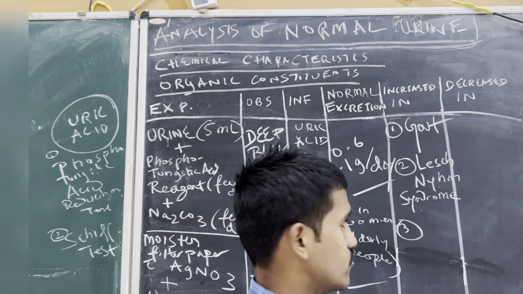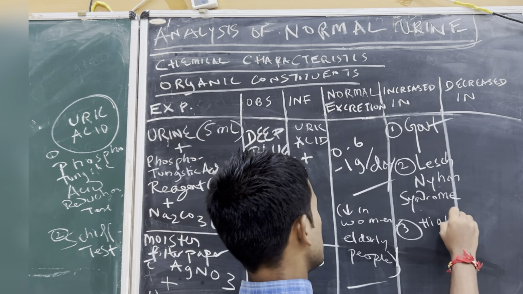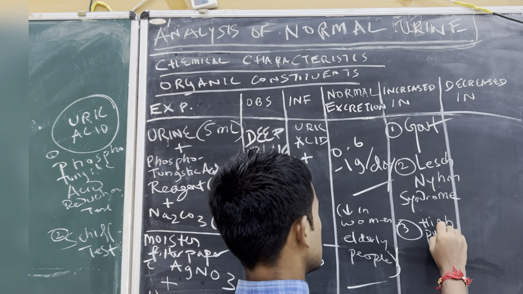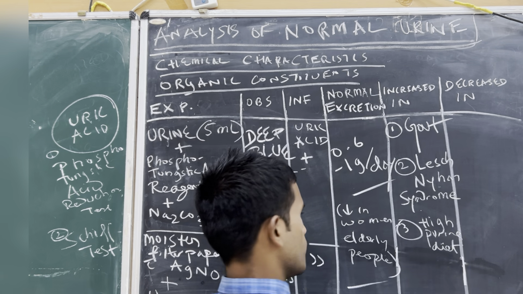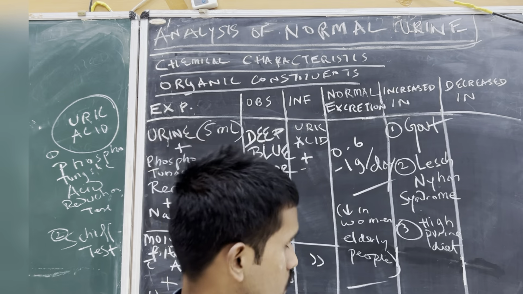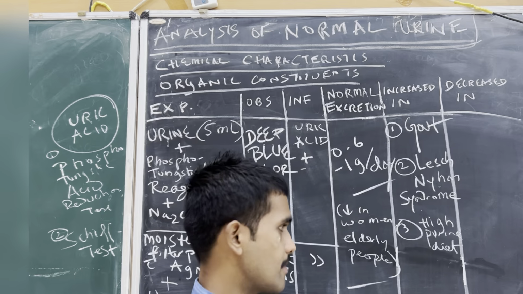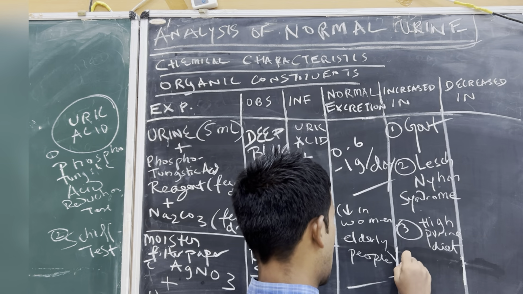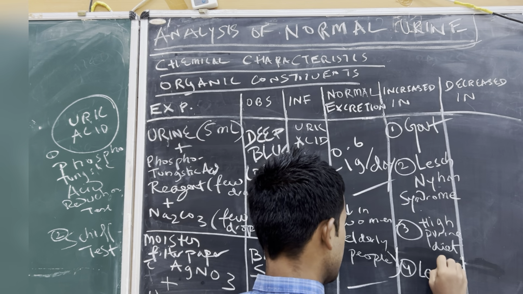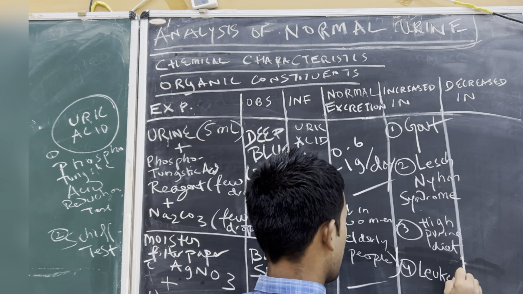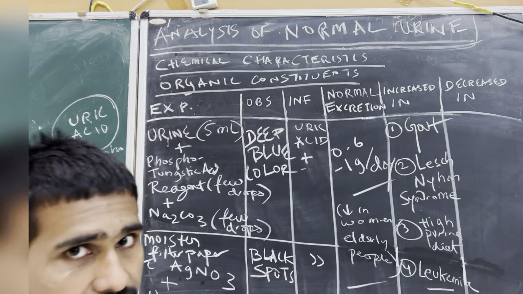And diet, we should mention about diet. High purine diet. So if we eat meat and all, those will contain more amount of the purines. And leukemia, which is one type of blood cancer.